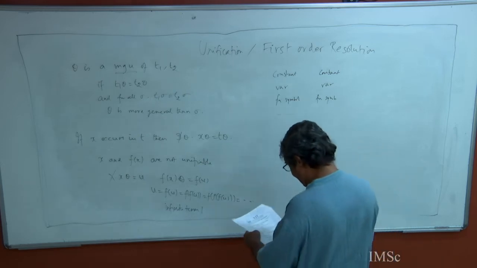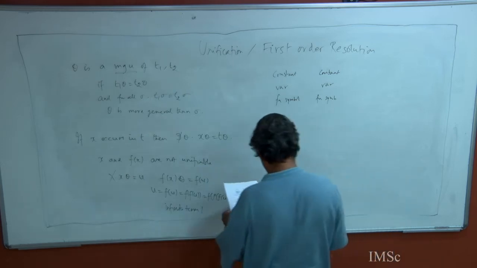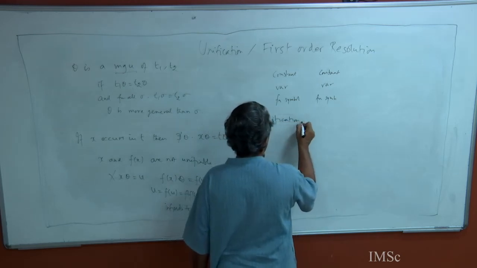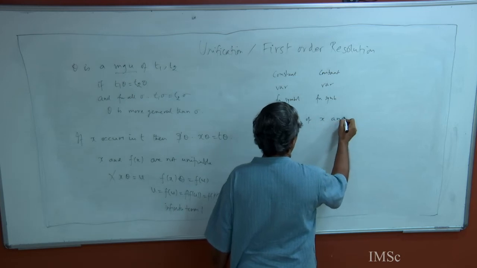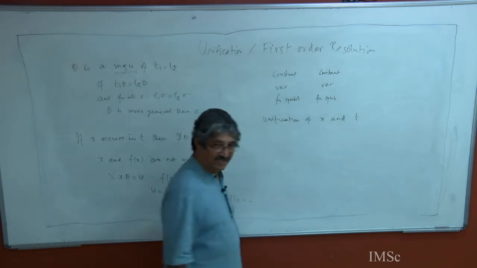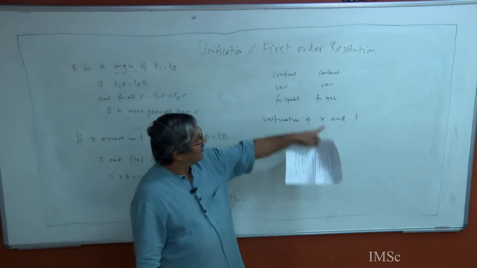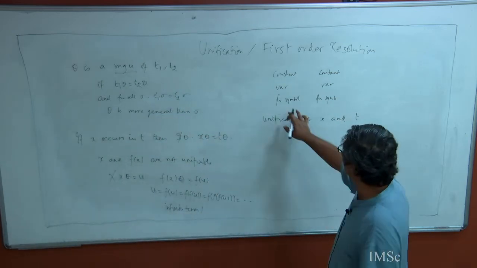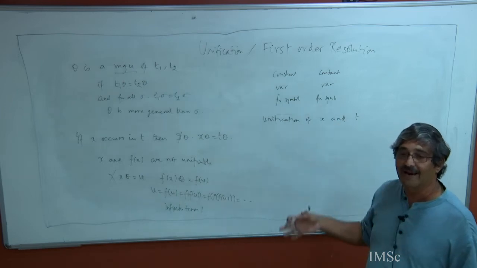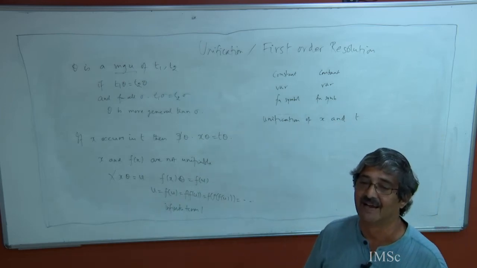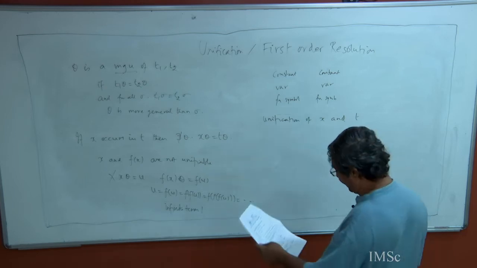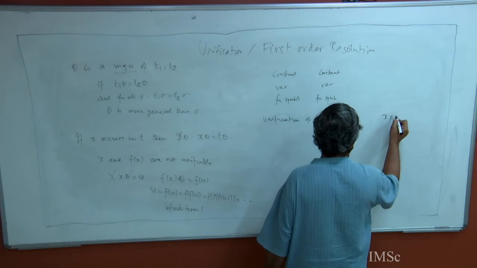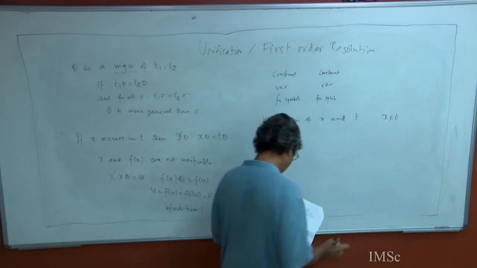So the only cases that you have to consider are unification of x and some term t, where you have a variable and any one of the other ones, and unification of two terms where they have the same function symbol. In the case of x and t, first, x is not equal to t, you can't have the same thing.